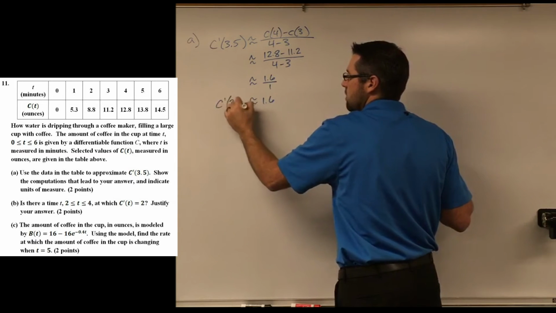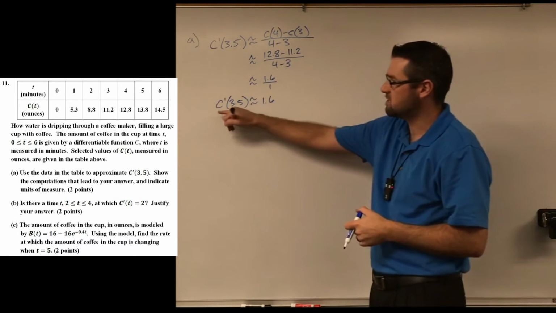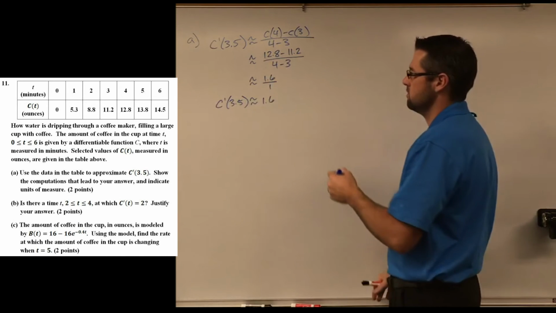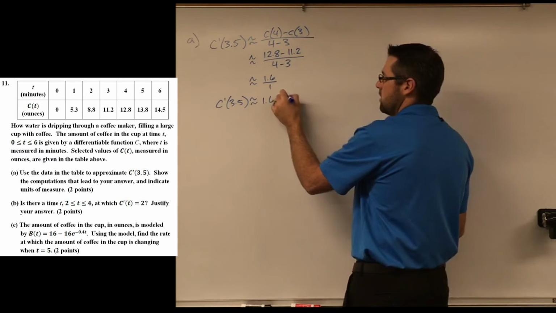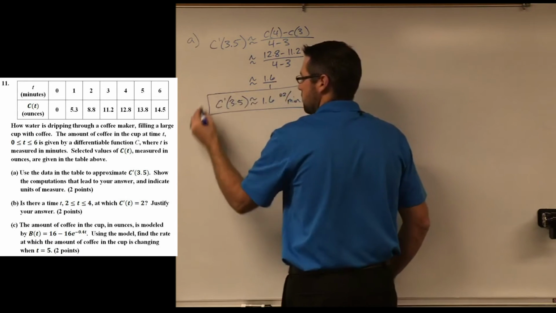Does it ask for units? It says indicate the units of measure. So what's the units on C prime if C is ounces? Ounces per minute. So that is part A.